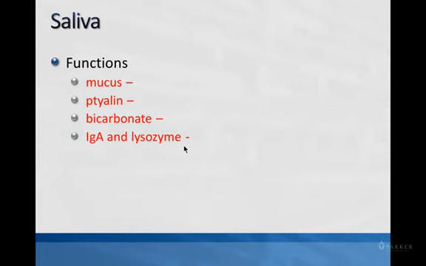I mean, believe it or not, it's not absolutely necessary to have all that digestion of the starch in the mouth, because most of us do not chew our food long enough to have significant digestion of starches. But if you don't salivate sufficiently, it's going to be very difficult for swallowing. And also the incidence of dental caries goes up significantly if you have issues with salivation.